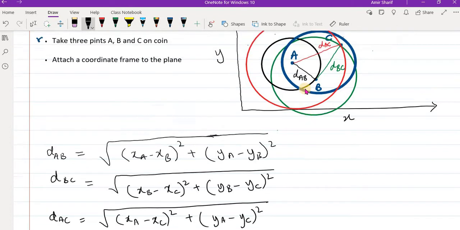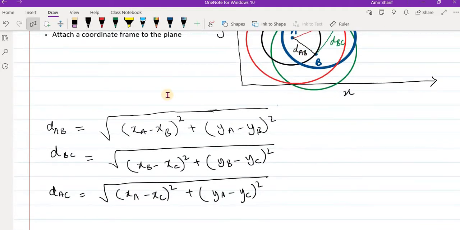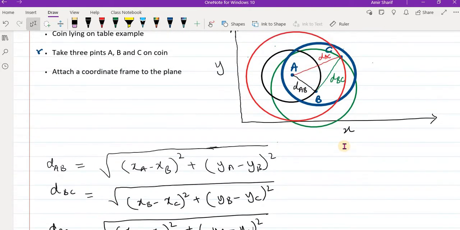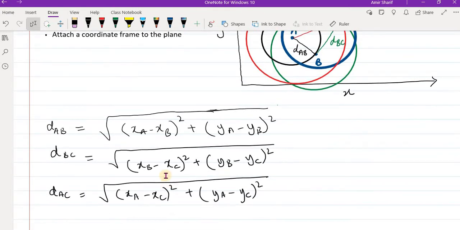So this is how we can calculate the three distances, and XA, YA are the X and Y components of point A, and the corresponding other coordinates of the points are given by their subscripts.